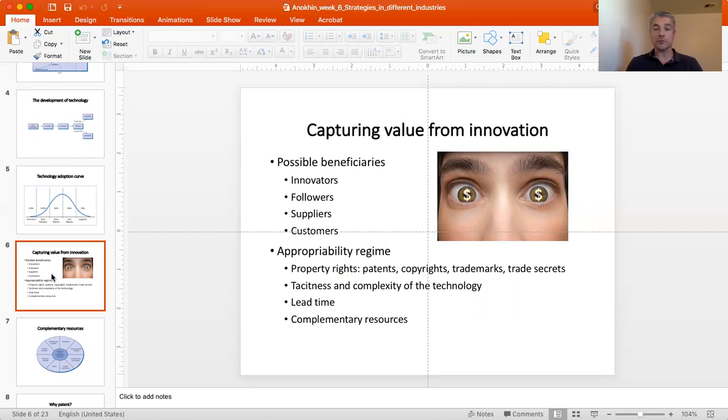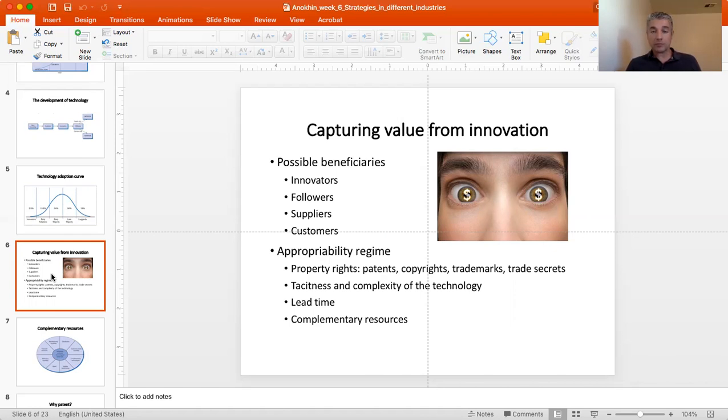The appropriability regime describes how likely you are to capture a substantial chunk of the value you create for yourself. It can be tight or loose, or strong or weak. Different labels are used to describe the appropriability regime. There are four specific elements that contribute to the strength of the appropriability regime.